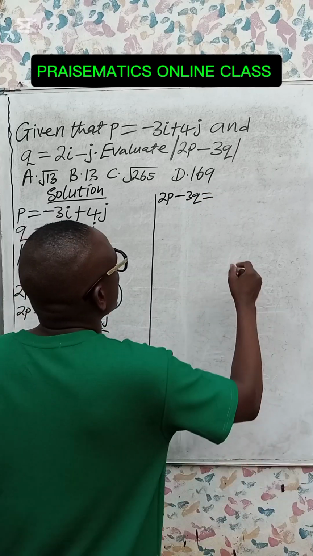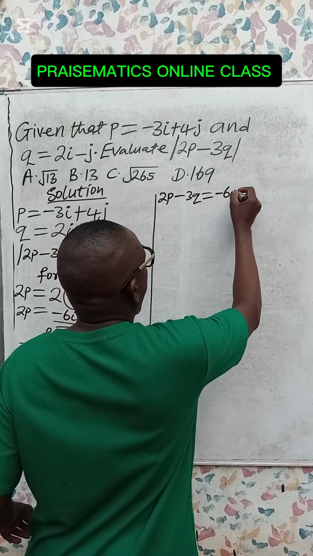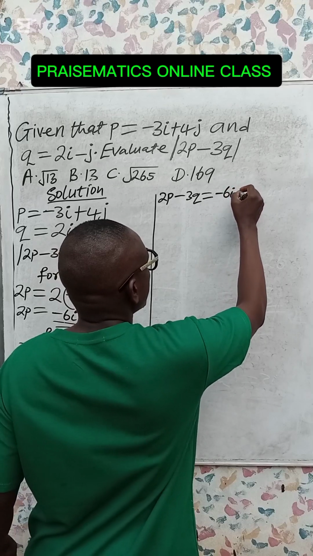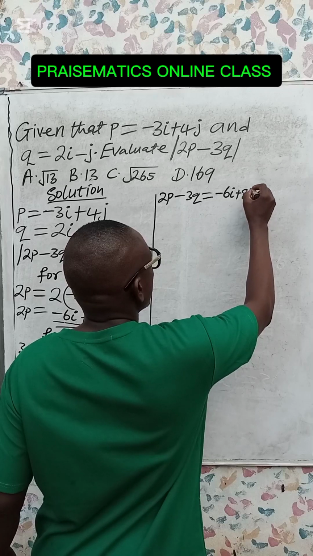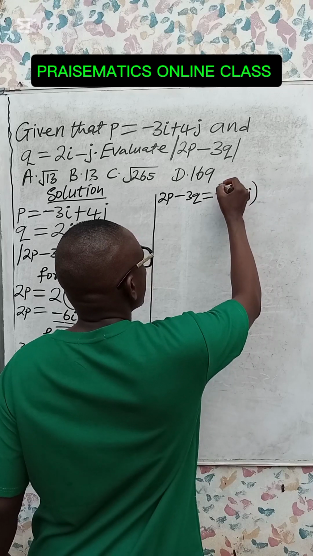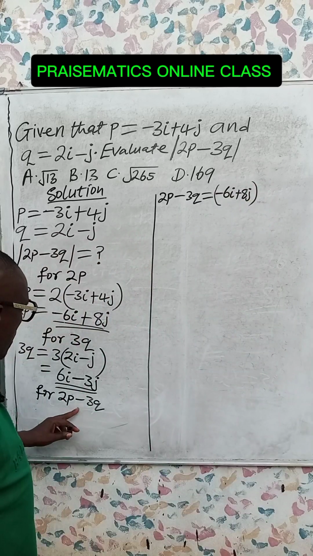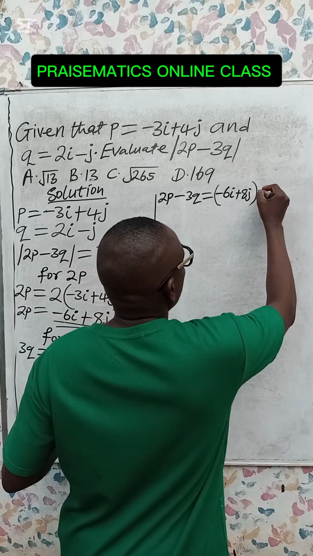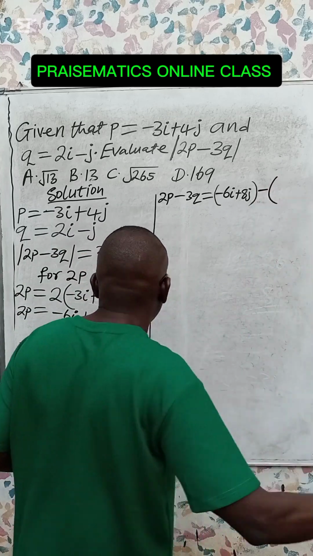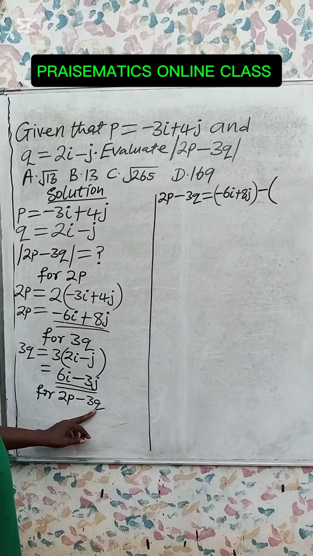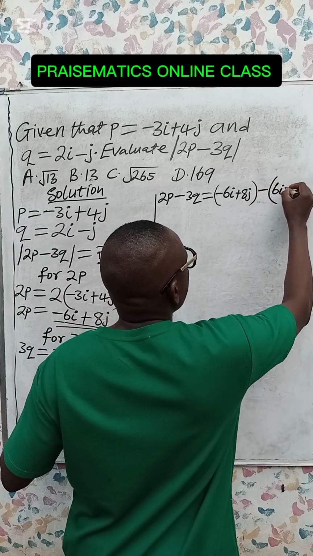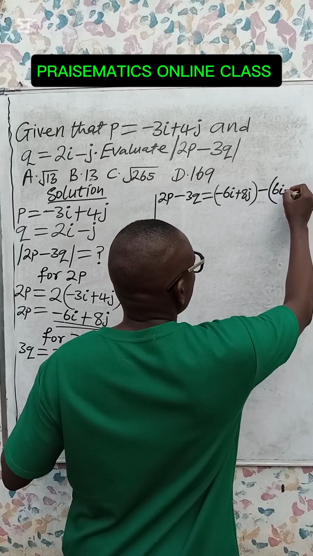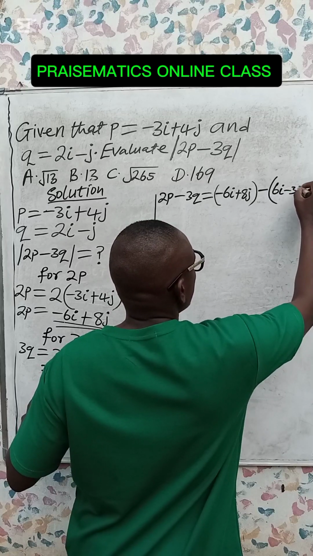The value of 2P is minus 6i plus 8j, close it, minus the value of 3Q. And the value of 3Q is 6i minus 3j.